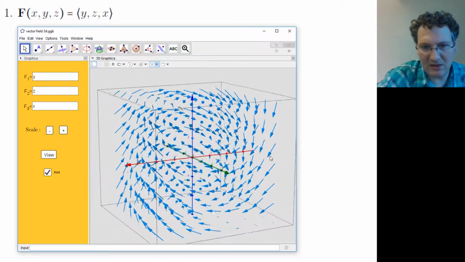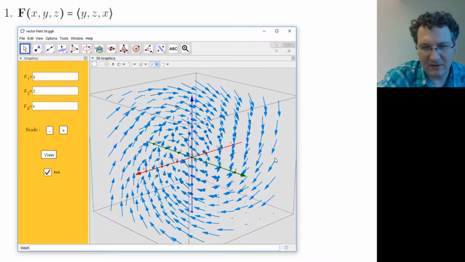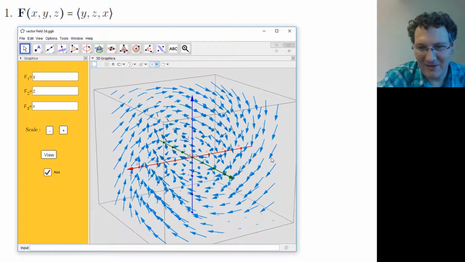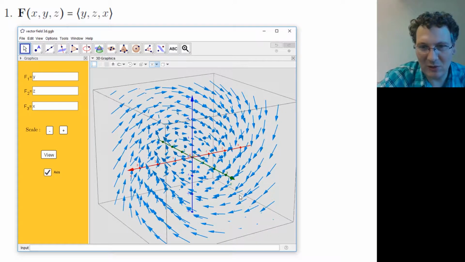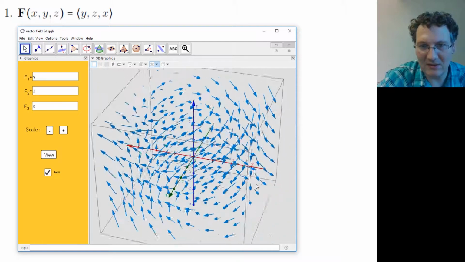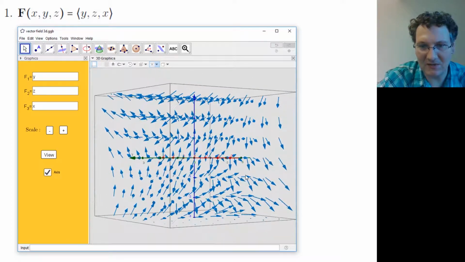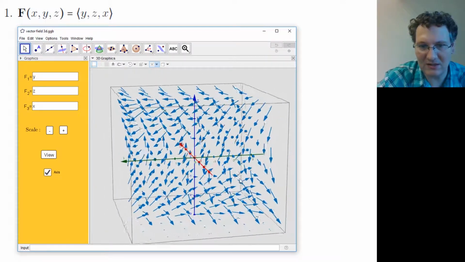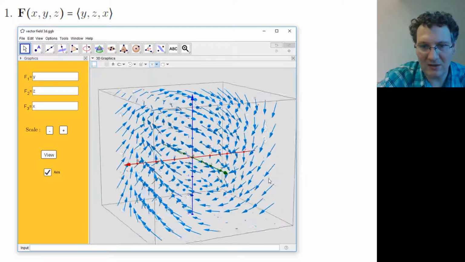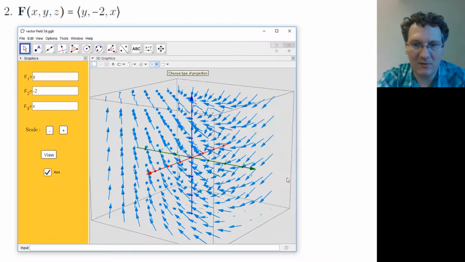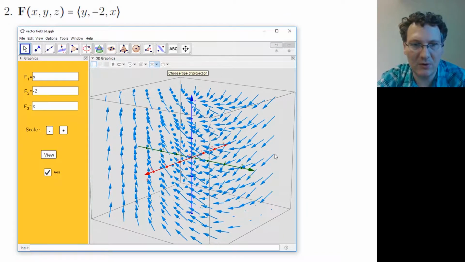It's really a lot of these little vectors spiraling and looping around. All right, from different directions you can see the spread going in different ways.